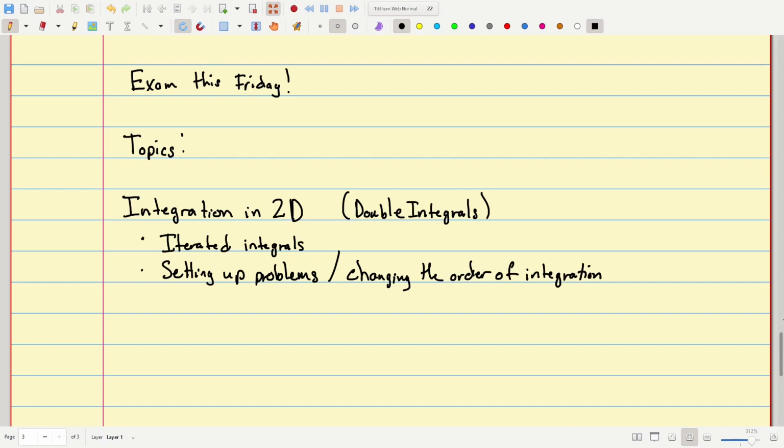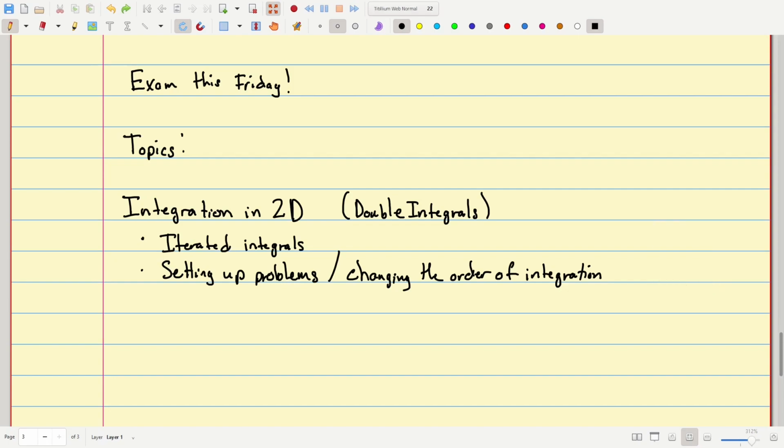Okay. The next skill here is being able to either set up a problem or change the order of integration. That could be any sort of thing. Like, I could give you this and then ask you to change the order of integration.